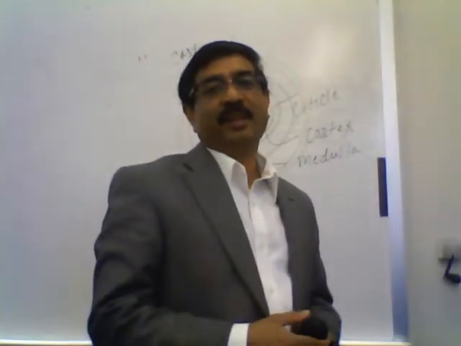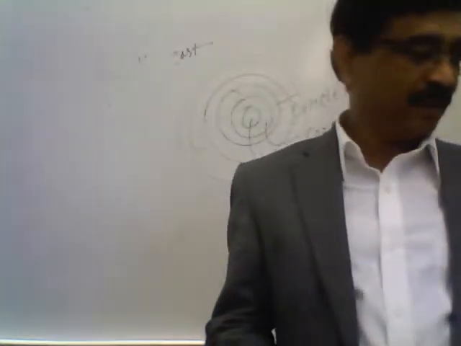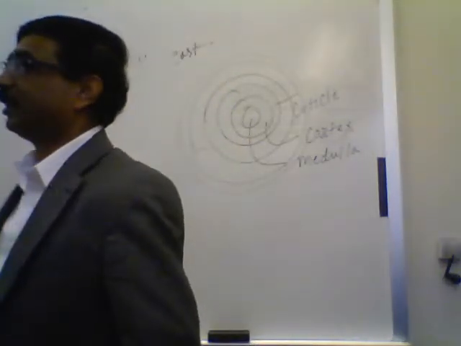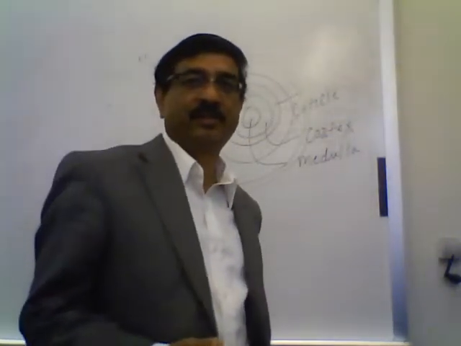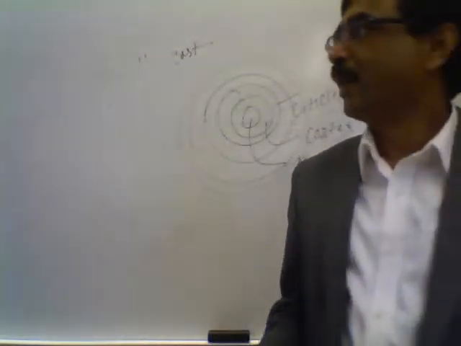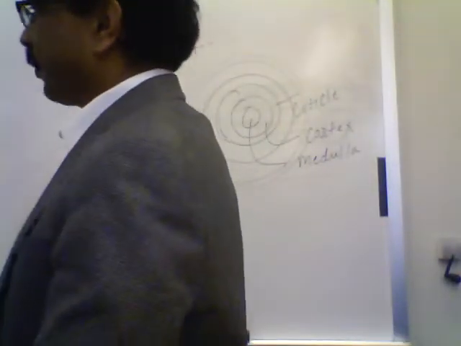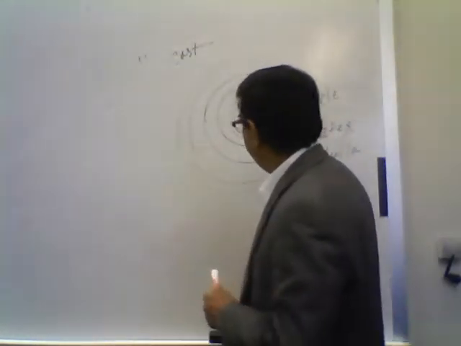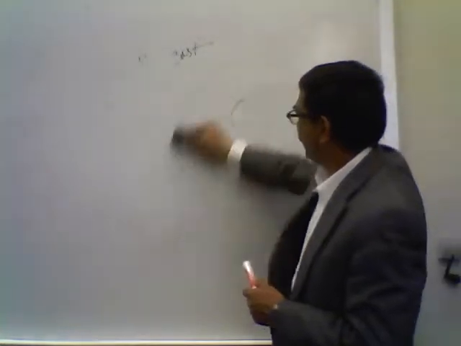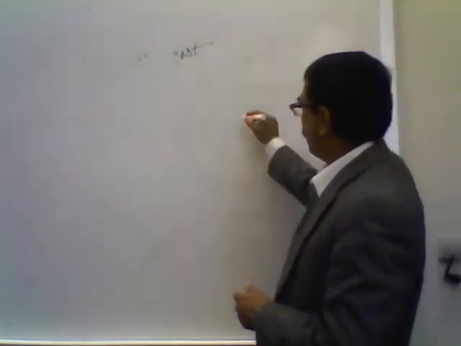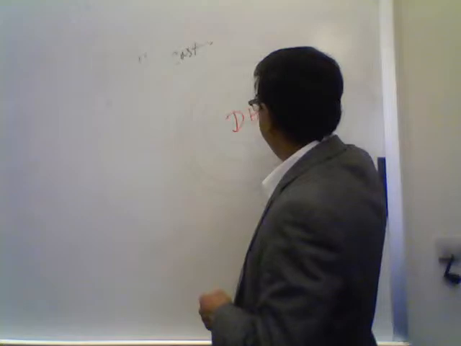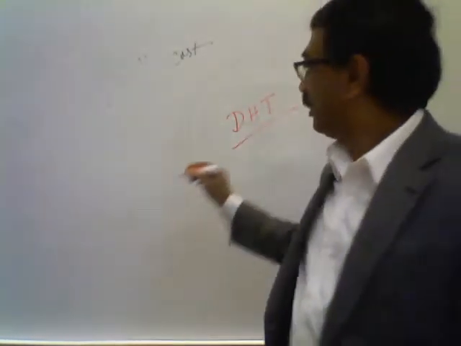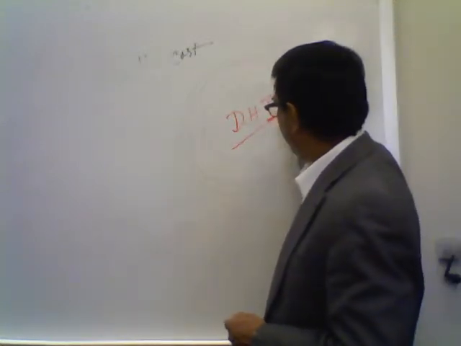This one is a genetically determined baldness. That means if the father has baldness, then the chance of the son getting the baldness is high. So determined by the gene. And the gene helps to synthesize a chemical that is called dihydrotestosterone. That chemical, testosterone is male sex hormone.